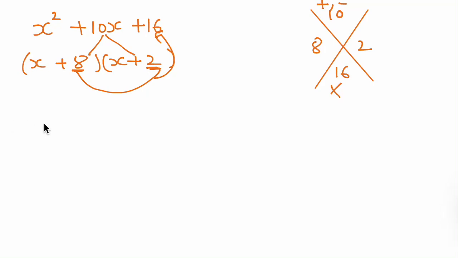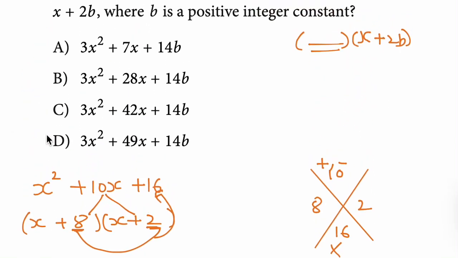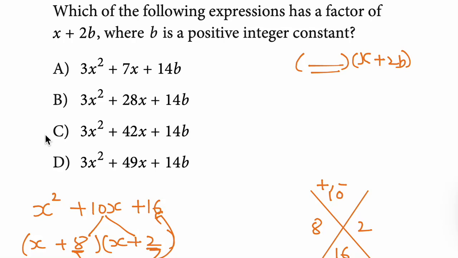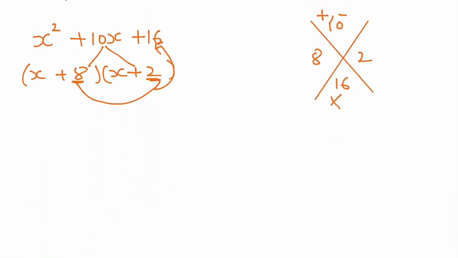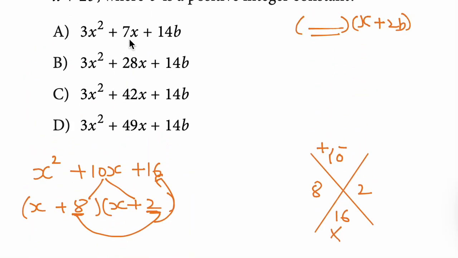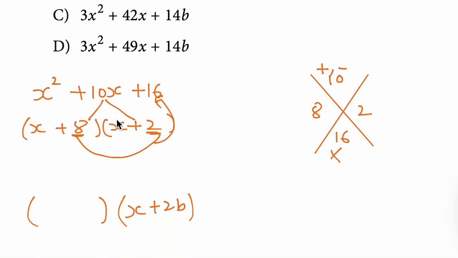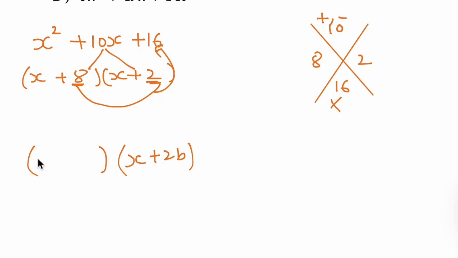Now in our equation, we have to find out if x plus 2b is one of the factors. I'll keep this in mind while solving the question. So x plus 2b is my factor. And because all the options have 3x squared, that means instead of x, this is 3x plus something.